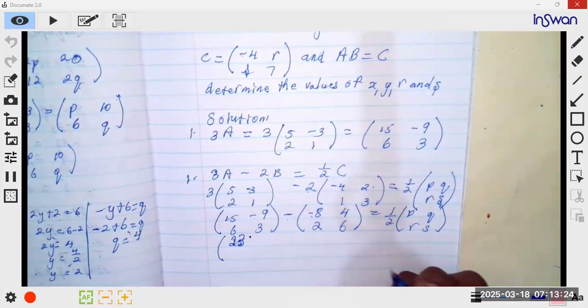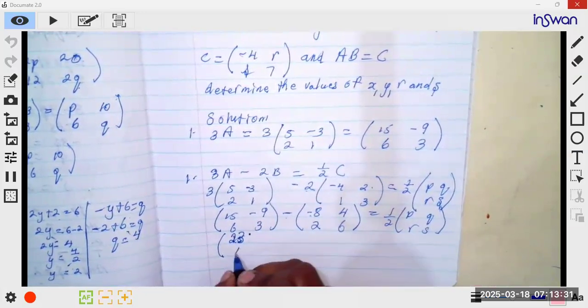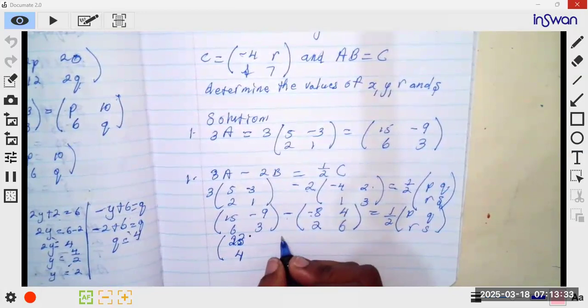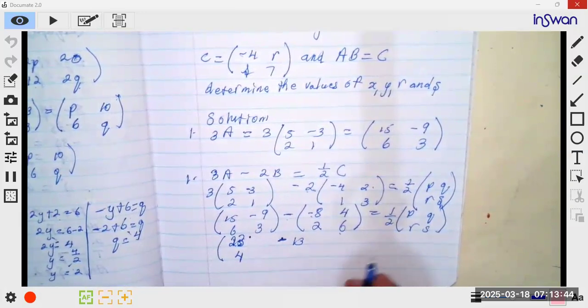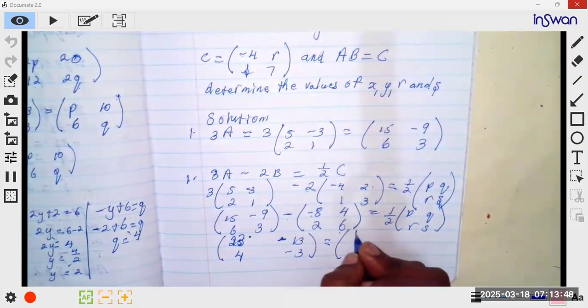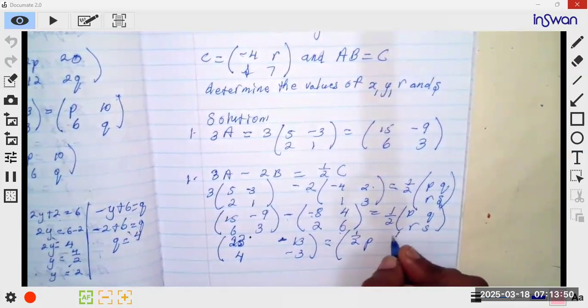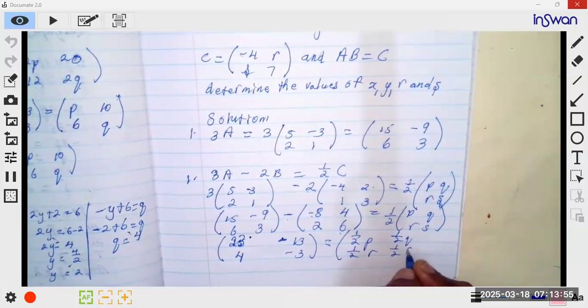Next one, 6 minus 2 is 4. Next one, negative 9 minus 4 is negative 13. And the last one, 3 take away 6 is negative 3. This is equal to a half P, a half Q, a half R, and a half S.